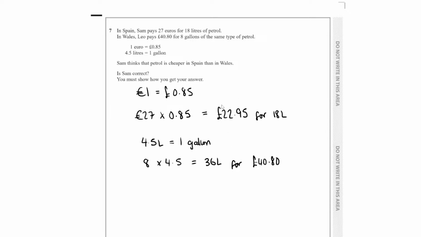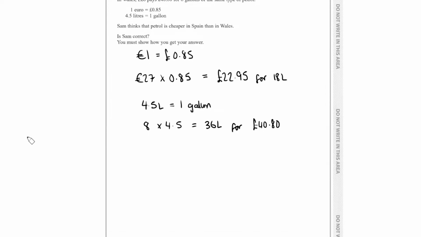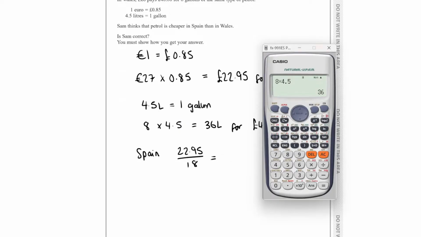You could just double this one and compare those. Again, there's loads of different options as to how you can do it. The way that I just naturally went and did it was I just did 1 litre for each. How much does 1 litre cost? So for example, Spain is £22.95 for 18 litres. So obviously if I divide 22.95 by 18 litres, that will tell me how much 1 litre costs in pounds.